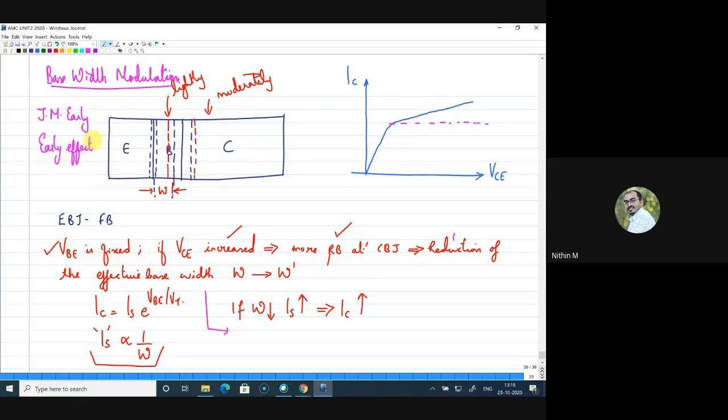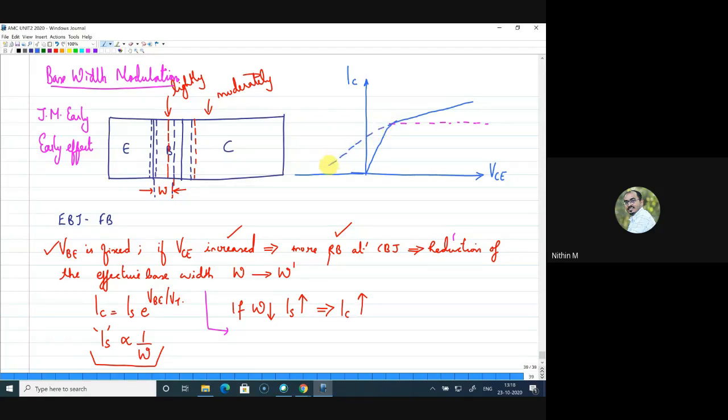So you have an equivalent phenomenon in MOSFET as channel length modulation, but here it is base width modulation. This is often characterized using one more parameter.